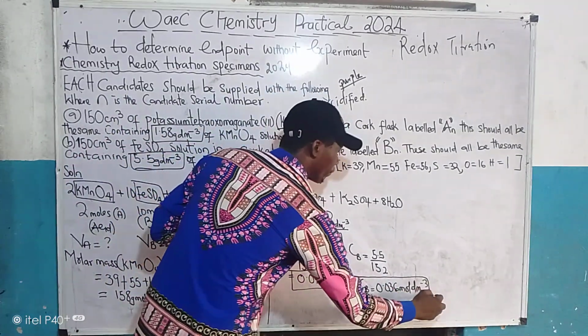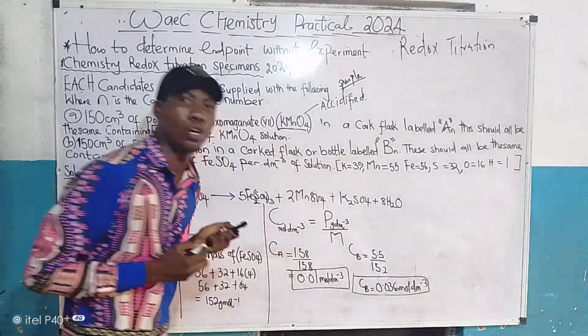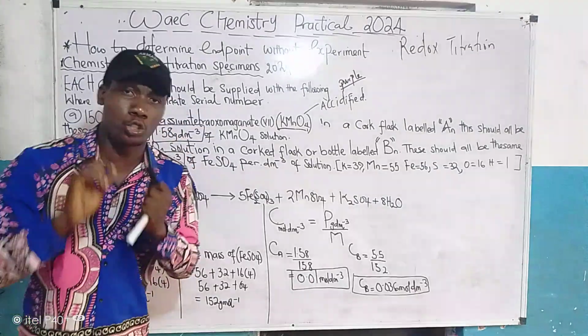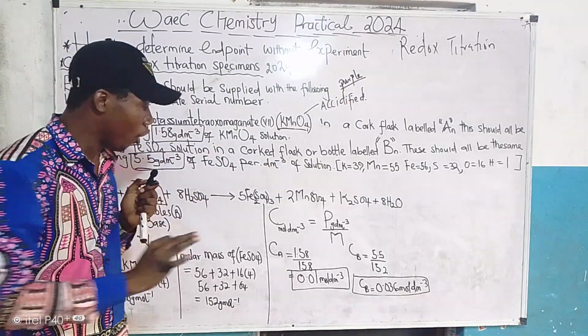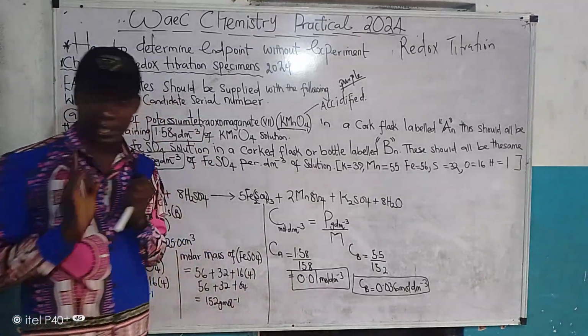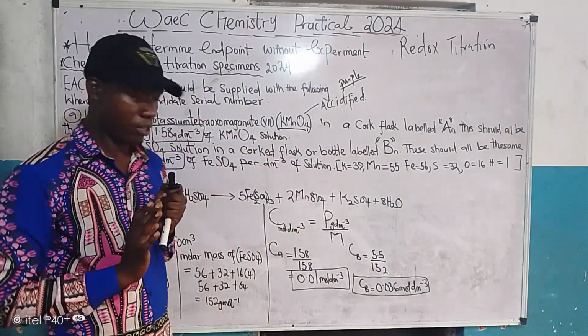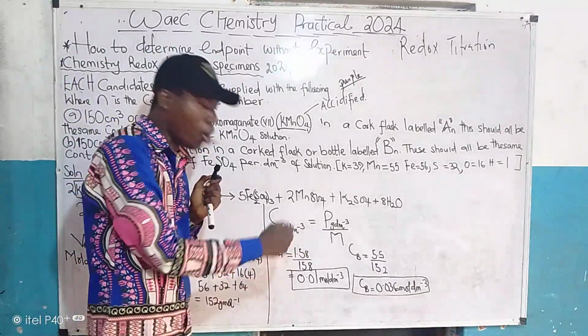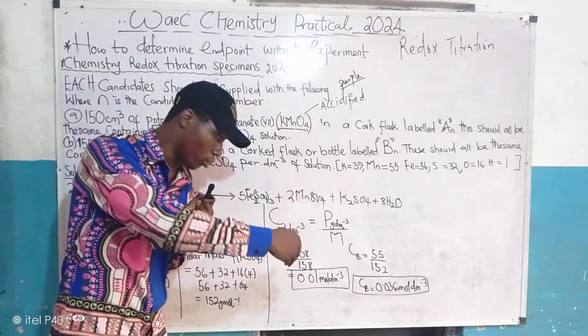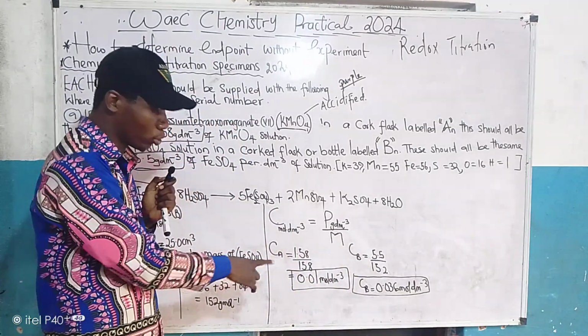In the course of your calculation on the day of your exam, when you are told to find the concentration of the acid A, this is what you are supposed to get. To find the concentration of B, this is what you are supposed to get. So this is the concentration of the acid in the experiment that you are yet to conduct, and this is for the base. So take note of this.